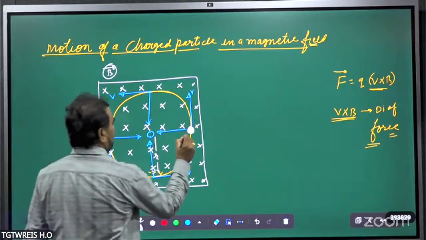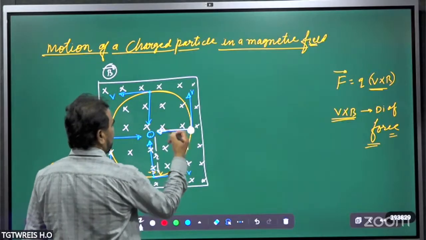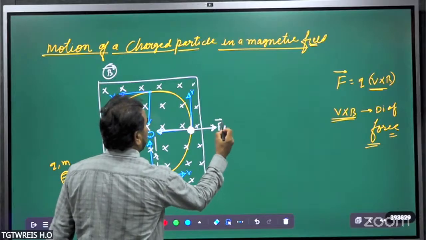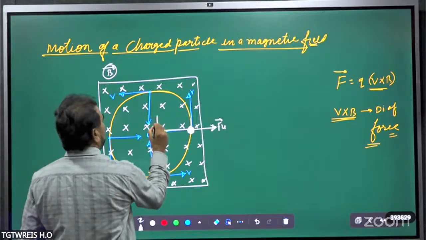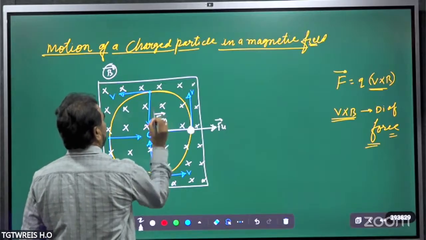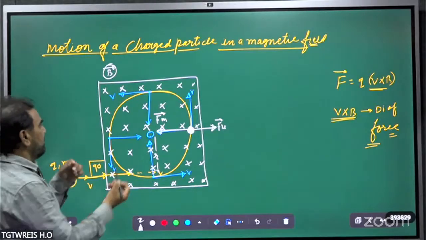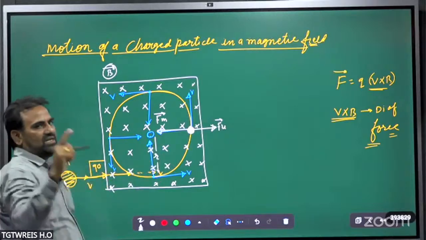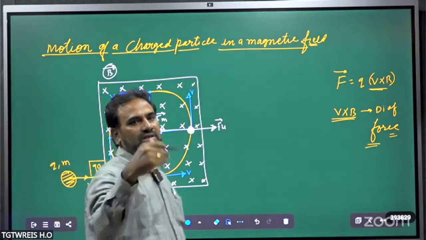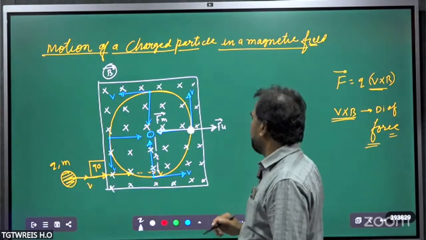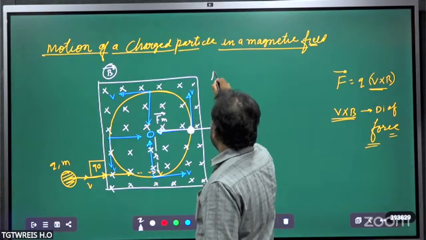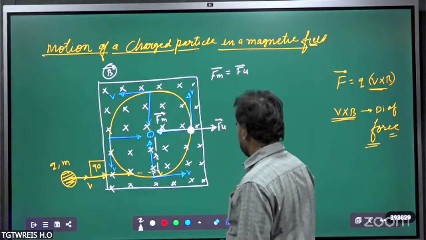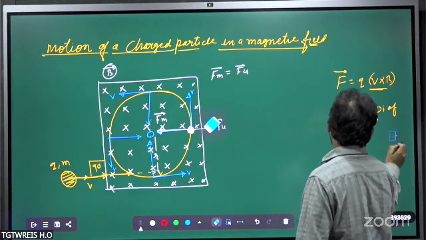Toward the center direction, one force is acting, that is the magnetic force Fm. Away from the center, the centrifugal force will act. When the particle is in a circular path, the force toward the center and the force away from the center are equal at every point. That means the magnetic force is equal to the centrifugal force. Is it clear?